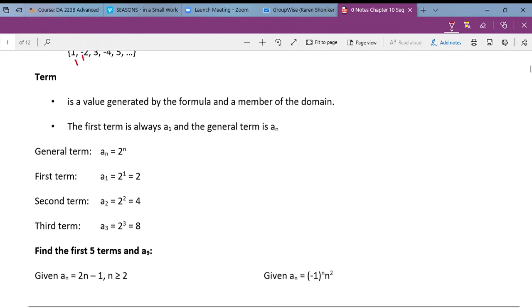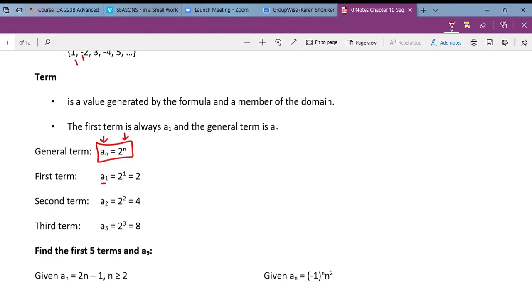The next thing is that each of the numbers in a sequence is called a term in the sequence. So for example, if you had a sequence defined by this equation, where any term in the sequence can be found by taking 2 and raising it to a natural number, then your first term would be when that natural number is a 1.